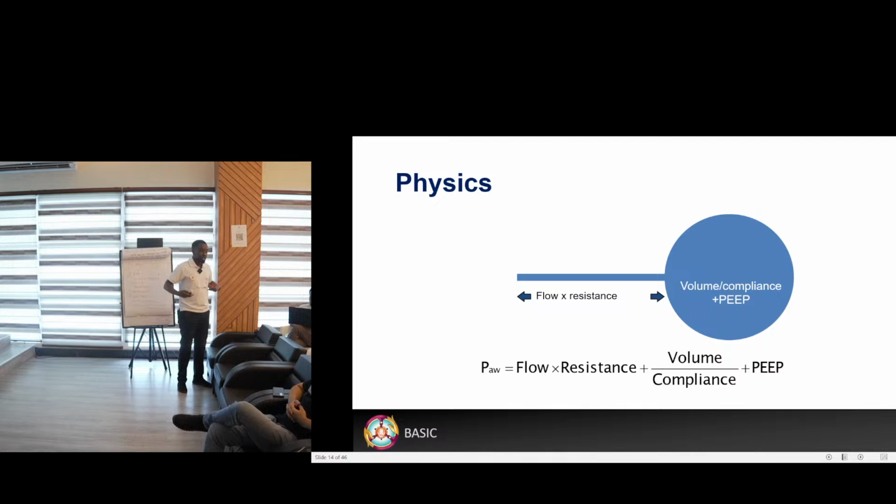And then the PEEP that you have set, either you have set the highest PEEP, or there are settings that you have kept causing gas trapping and eventually increasing pressure in the alveoli. So now we have seen also the elastic component. You can increase pressure here.